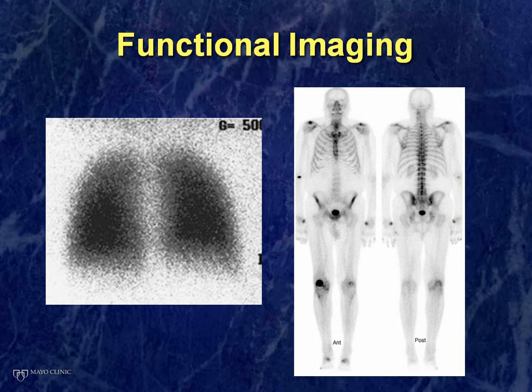So this led to the kind of nuclear medicine imaging that we saw last half hour, functional imaging. So not structural, but our ability to breathe in gas, or for our bones to remodel themselves and make new bones.